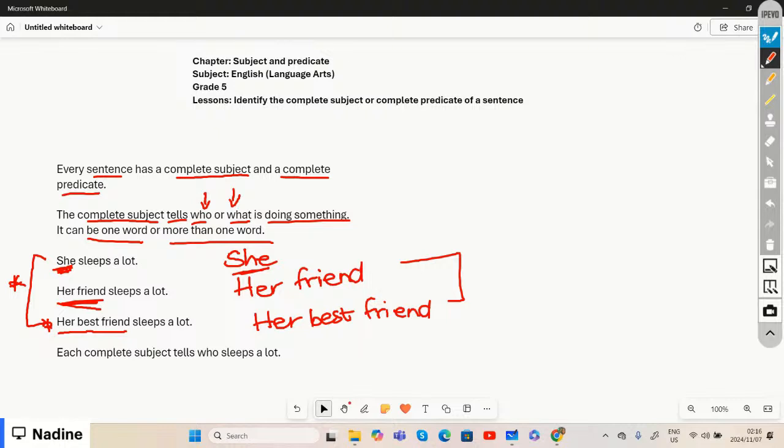That is the subject. We can say the person does something, or we can say an animal does something, but the person or thing that does the action is the subject.